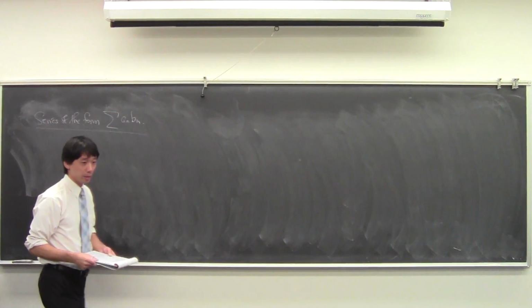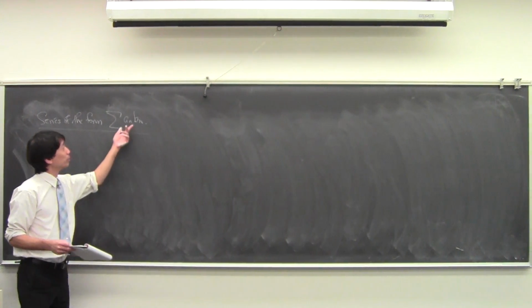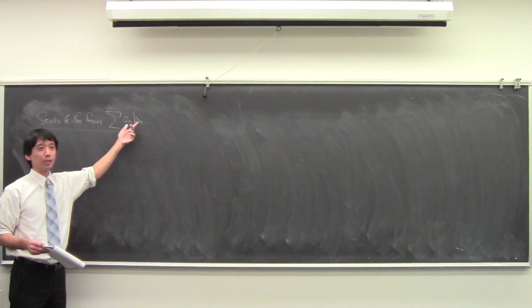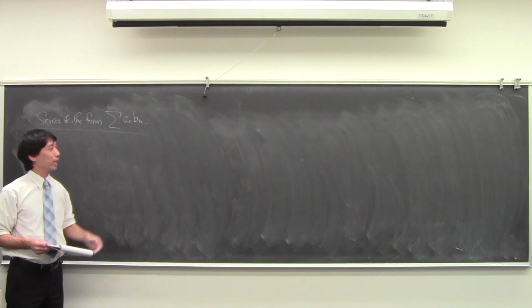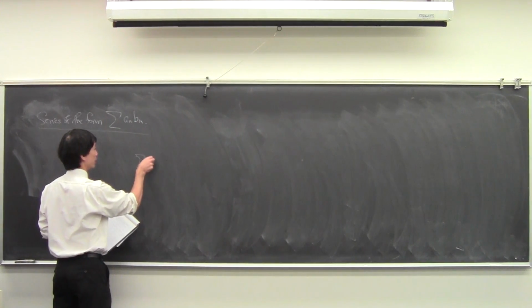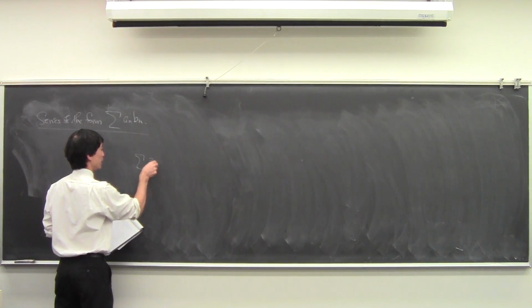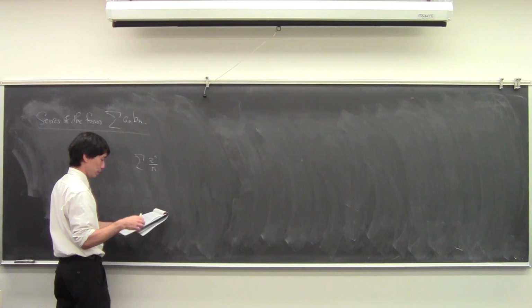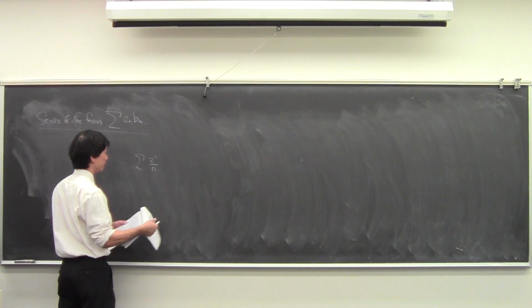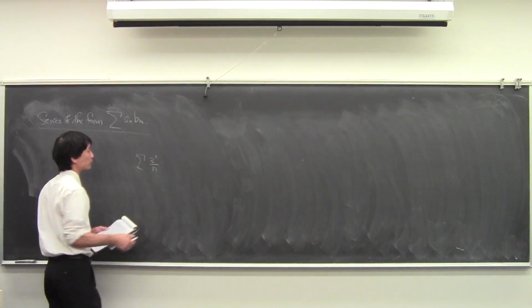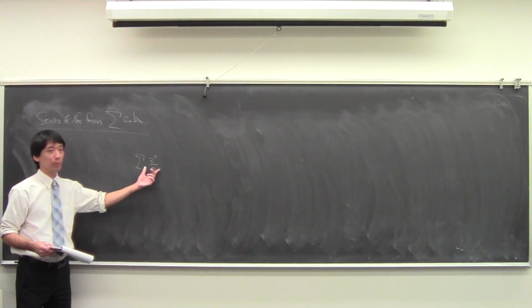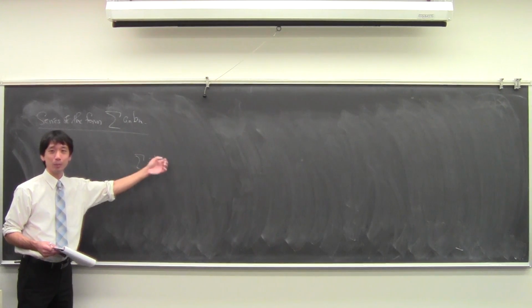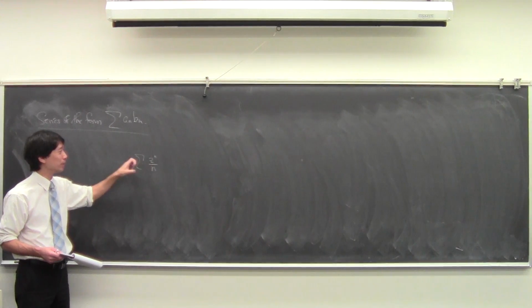We're going to consider series that are products of two series. For example, the one we were just looking at, z to the n over n. We'll break this up into 1 over n times z to the n, and think of this as two things.